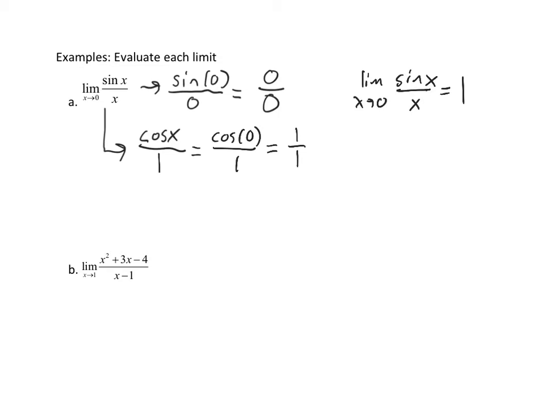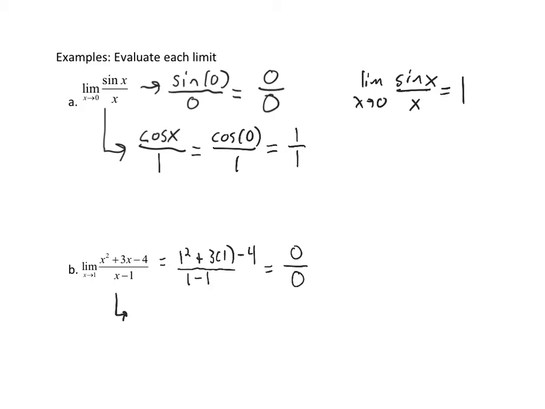Alright, let's do another example and see how that works again. Let's say we wanted to plug in 1 to this. You'd get 1 squared plus 3 times 1 minus 4 over 1 minus 1, which gives us 0 on the top and 0 on the bottom. So here we can use L'Hopital's rule.